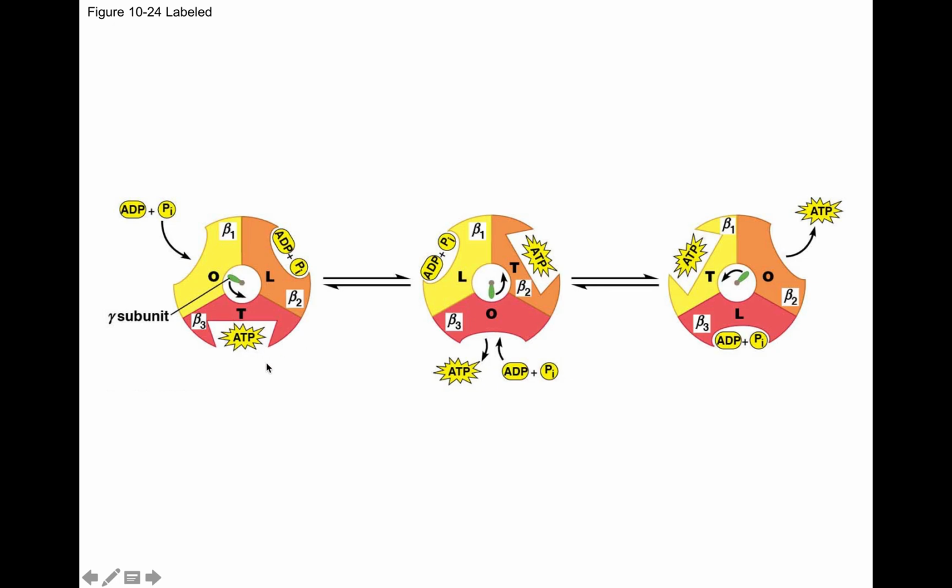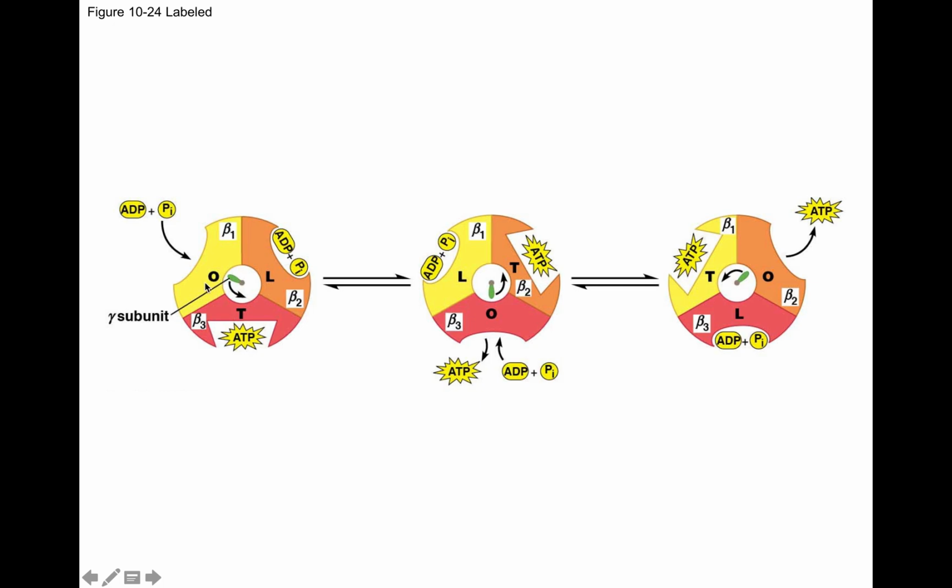The beta subunits are the ones that have the ADP and P and ATP binding sites. And then what you're seeing here is this gamma subunit sticking through, and again, it's shaped like a cam, so that as it goes around this way, it's going to bump one of these 3 subunits and cause it to change shape. And it moves 120 degrees at a time, 3 times moving to make a circle, and it will cause conformational change in each one of these as it goes around.